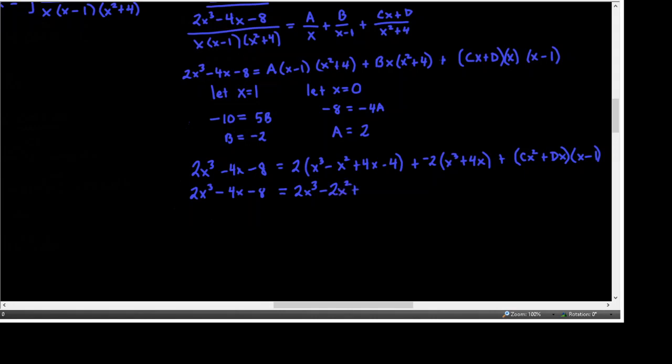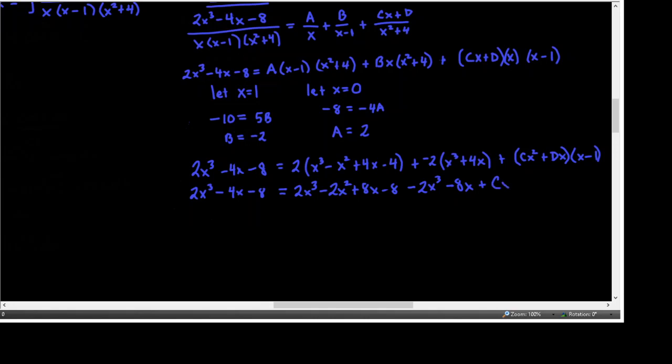So I'm distributing the 2. I'm going to distribute the -2. And do the multiplication over here.